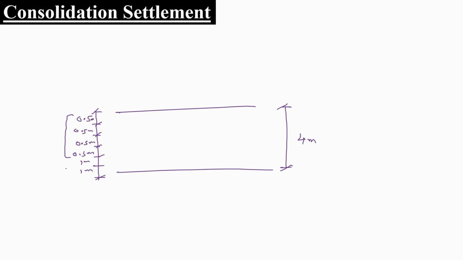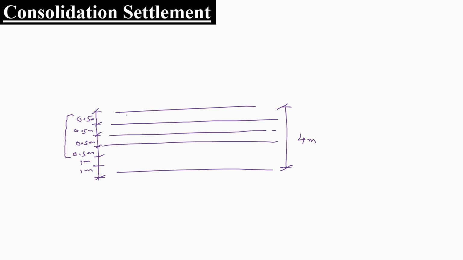If you keep upper layers as larger layers and lower layers as smaller layers, your answer will be disturbed. So keep this criterion in mind, and then see how to indicate the midpoints of the layers. The midpoint of this layer is at a distance of 0.25 from the top of the clay. The midpoint of this is how much? 0.5 for this one, and half of this layer 0.25.